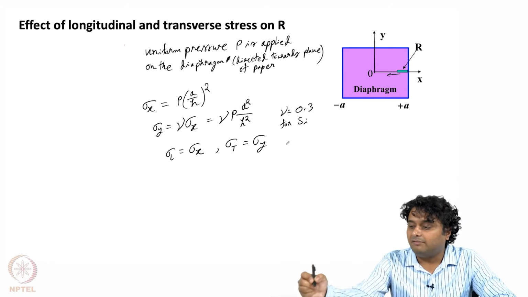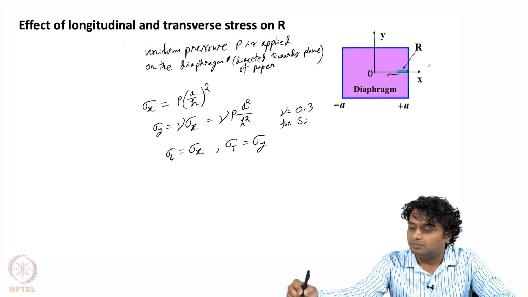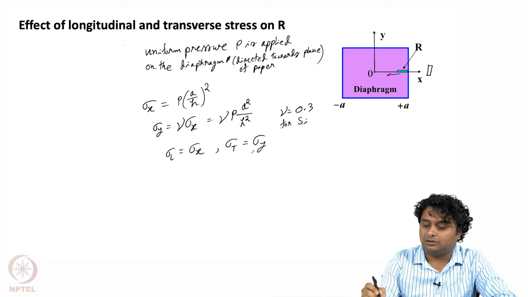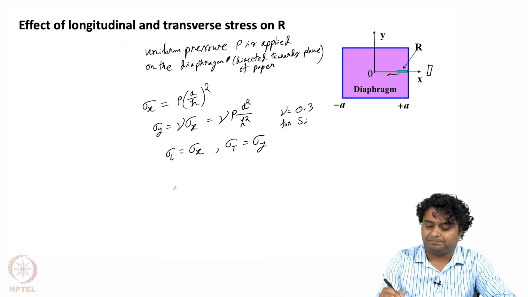But if the resistor was fabricated in this other arrangement, then sigma L would be equal to sigma y, right. So, this does matter, because sigma y and sigma x are not the same, and so sigma L and sigma T are also not the same.